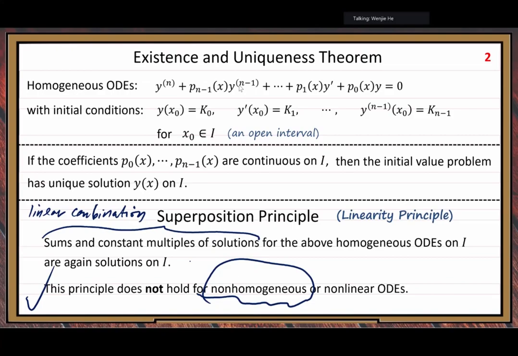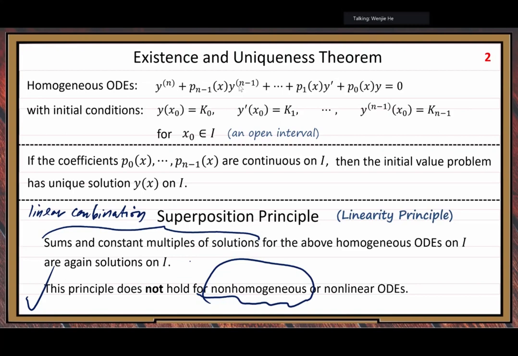Can we do something similar to second order? For second order, although a linear combination won't be a solution, remember I talked about linear interpolation, which will be a solution. When we do linear interpolation, we get another solution.